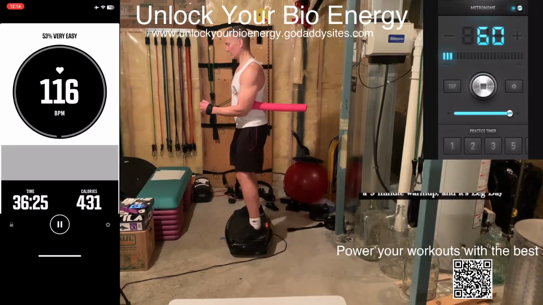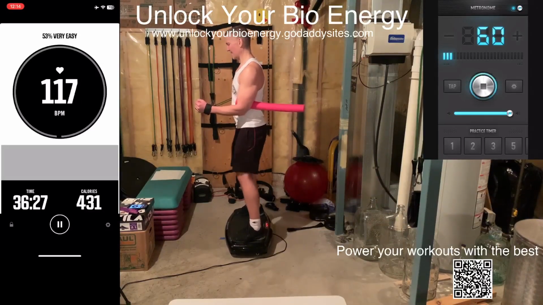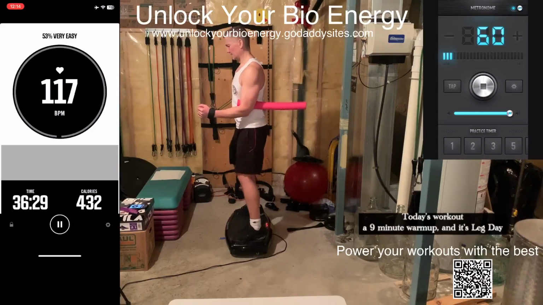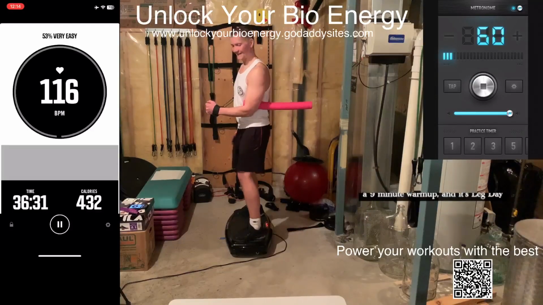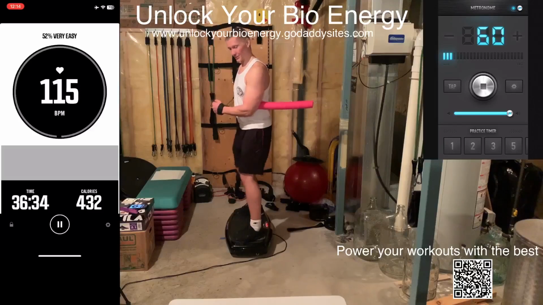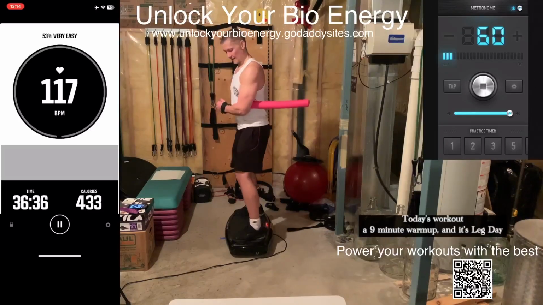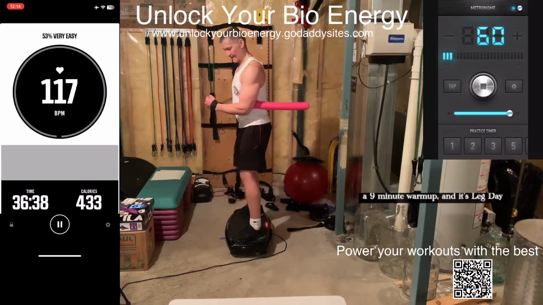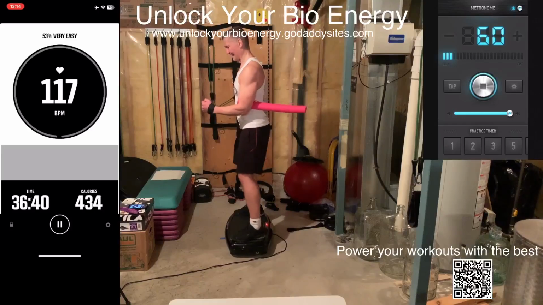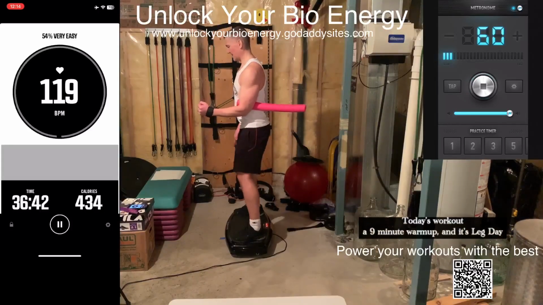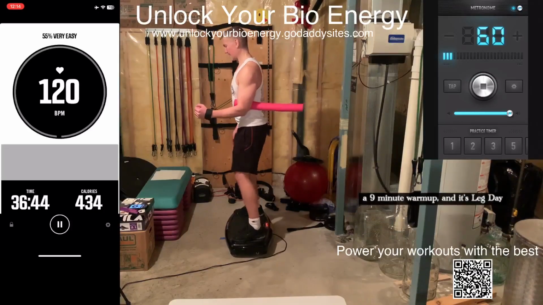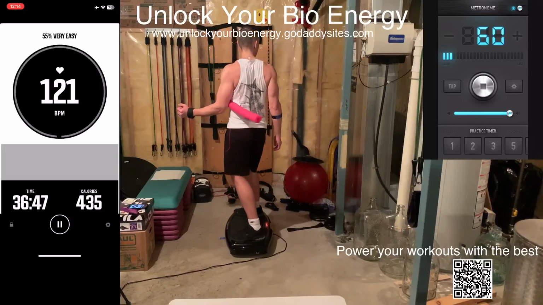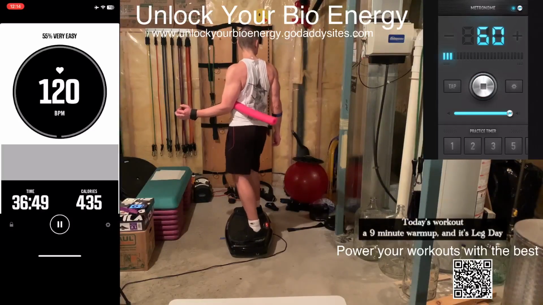Holding it isometrically, moving through the full range of motion, kind of like the ladder that I was doing with the medial deltoid and the front delts. Turning now this way, facing the wall, getting the full contraction.